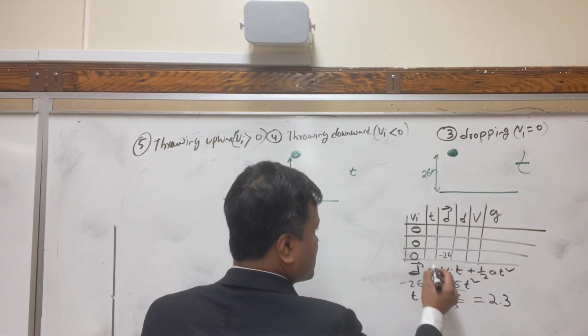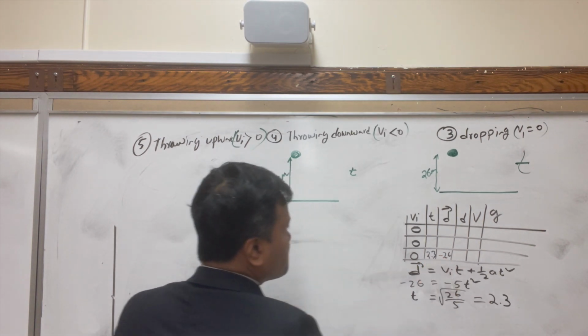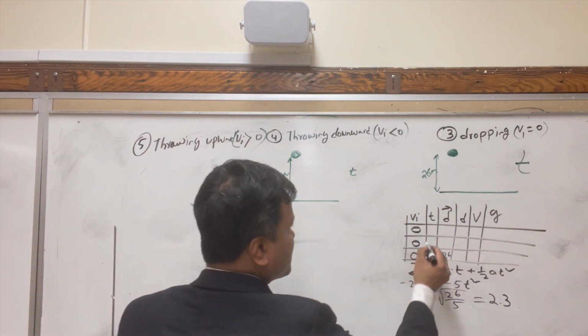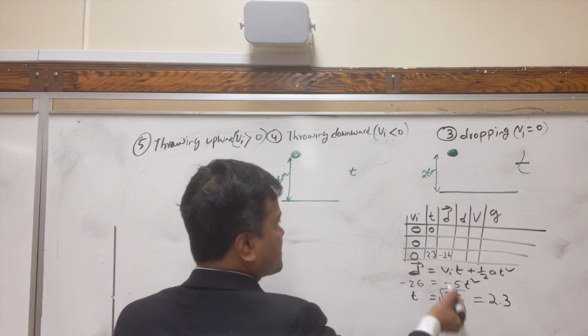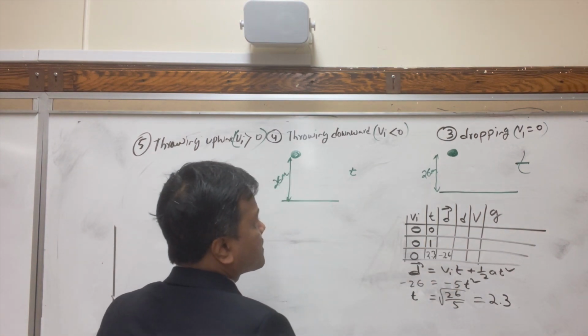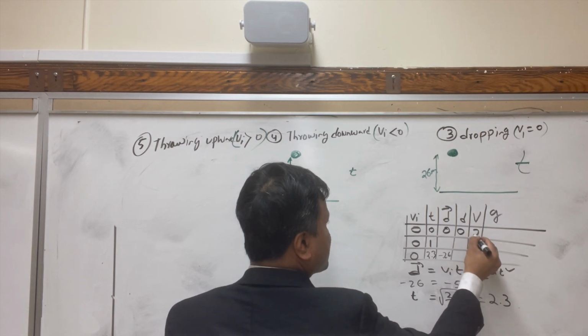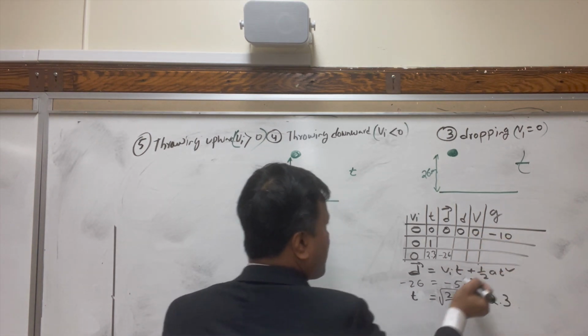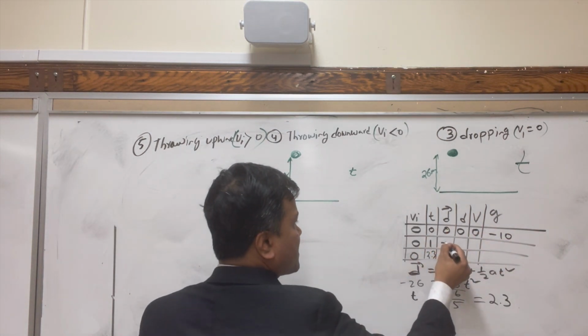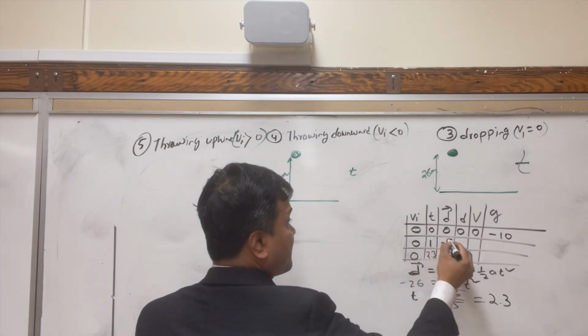So now I'm going to write 2.3, and I'm going to write this is 0, and this is 1. The displacement is 0, distance is 0, velocity is 0, this is negative 10. The displacement is negative 5. How did I get negative 5?